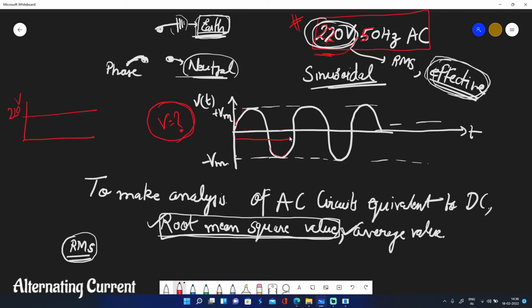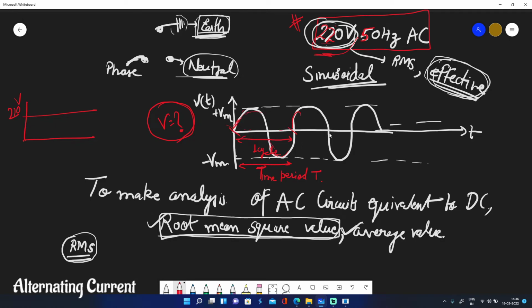Frequency you can understand easily. This is one cycle, after which the thing is repeating. The time elapsed for this one cycle is the time period, that is, the time elapsed during the completion of one cycle. So you can say how frequently these cycles are occurring.